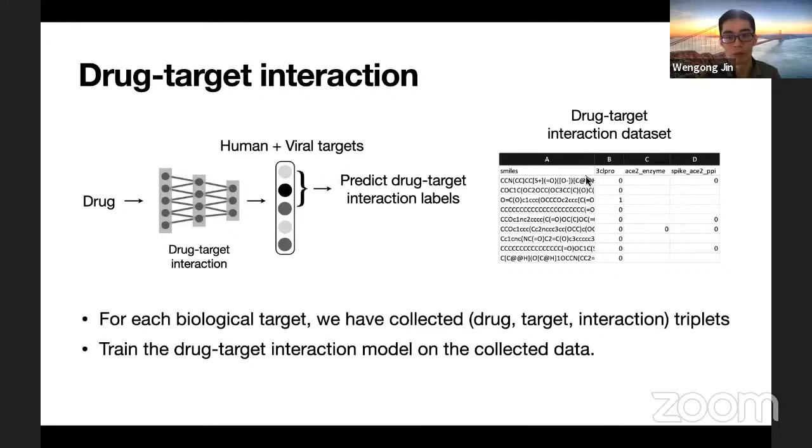We train the model on data of molecules and whether they bind or inhibit each of the biological targets. And this can be just a simple cross entropy loss. These data are collected from various sources. For the viral protease, it is collected from UNCATS, and for others it is collected from the ChEMBL database.